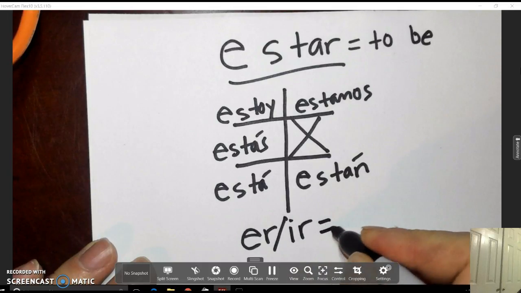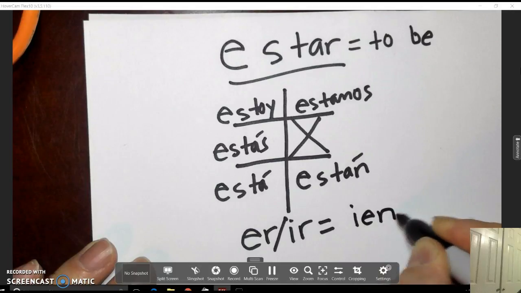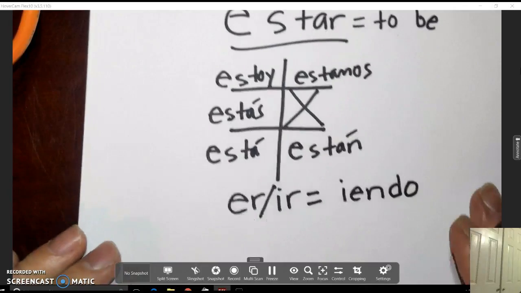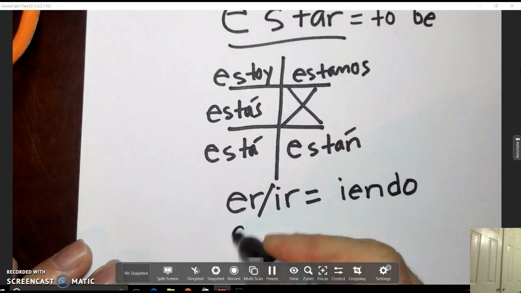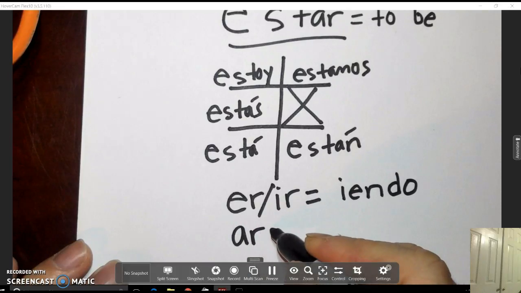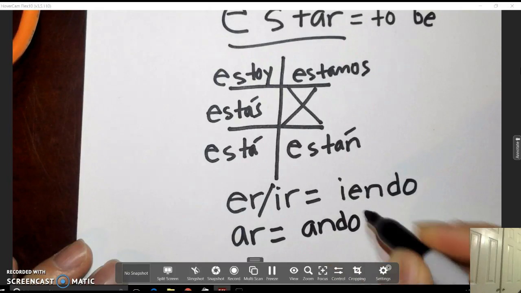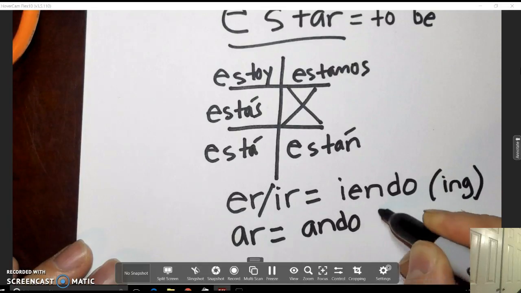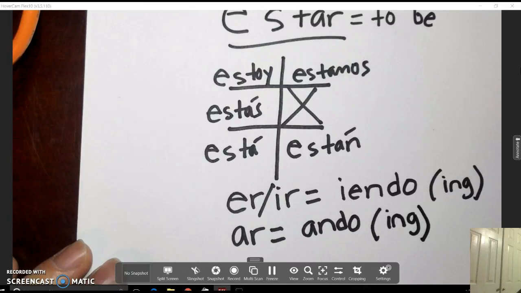The way that you make an ing, instead of ing, you get I-E-N-D-O, a little bit longer than ing, and that is for the ER-IR verbs. Now the AR verbs are different, so AR would be A-N-D-O, and that's equivalent to ing as well. You're just dealing with two different types of verbs.